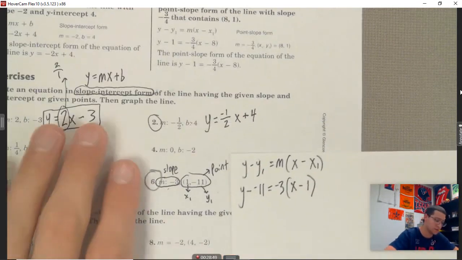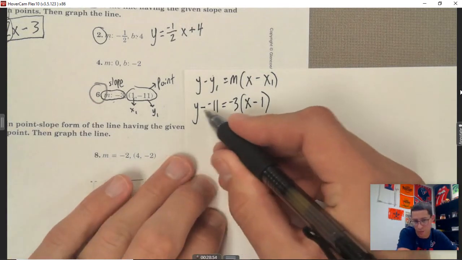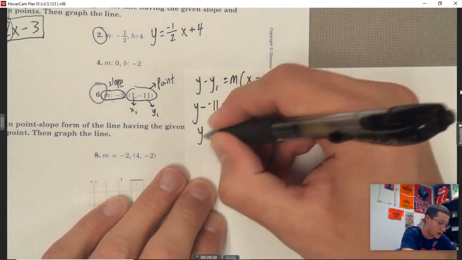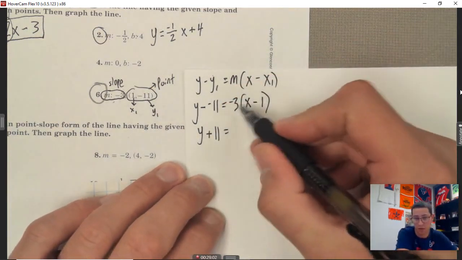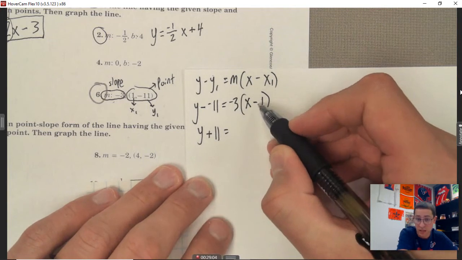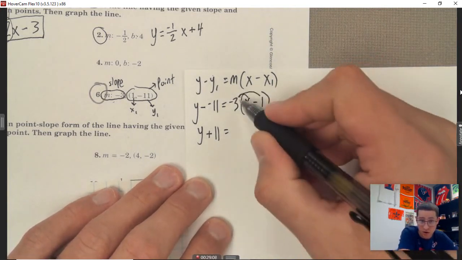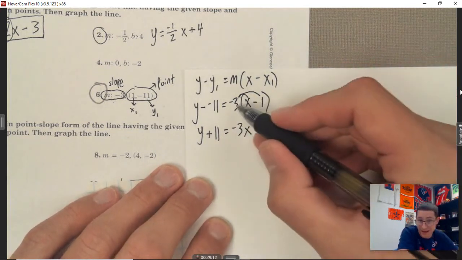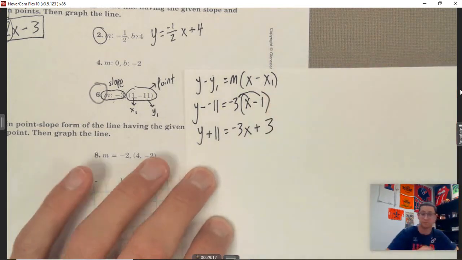Actually, we're going to do 2 steps on this particular one. I'm going to get rid of this double negative. We don't like that. So y minus negative 11, that's y plus 11, equals, and then we're going to get rid of the parentheses this step as well. In order to get rid of parentheses, we're going to distribute. We got negative 3x, and then negative 3 times negative 1, that's going to give me plus 3.